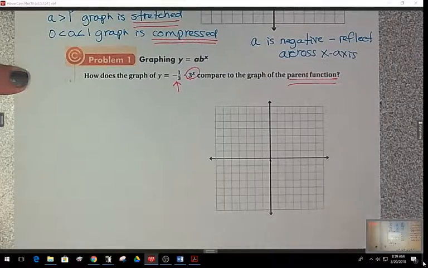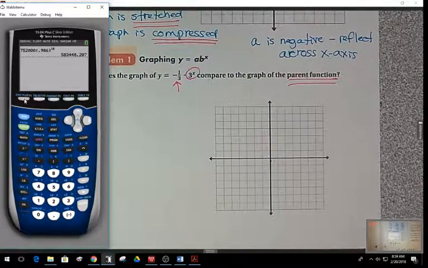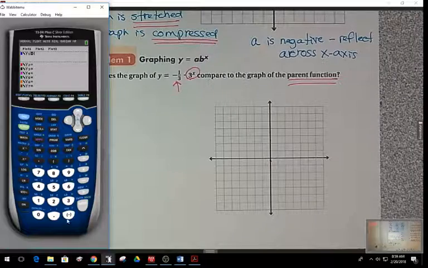So what I want to show you here real quick is with your calculator. If we grab it here, and we type in y equals negative 1/3 times 3 to the x.